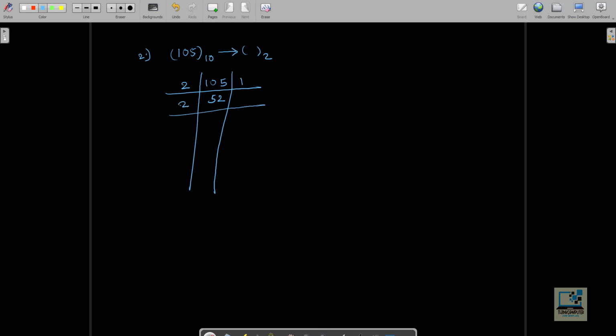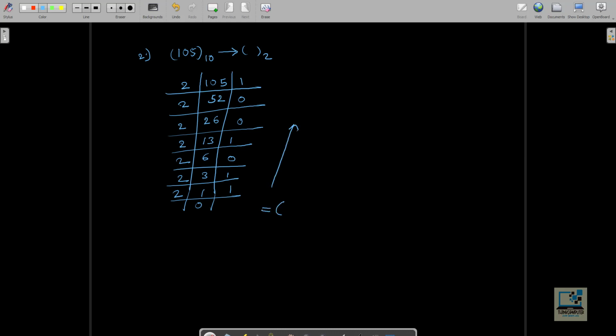Then 2 26s are 52, remainder 0. 2 13s are 26, remainder 0. 2 6s are 12, remainder 1. 2 3s are 6, remainder 0. 2 1s are 2, remainder 1. And finally 2 zeros are 0, remainder 1. And write it bottom to top. So the converted value is 1101001 base 2.